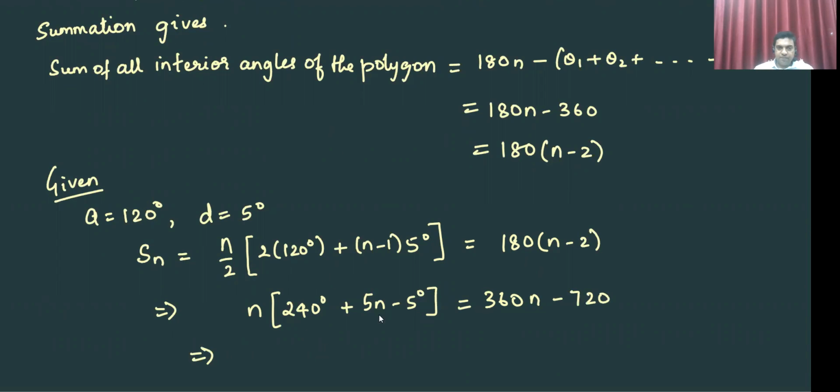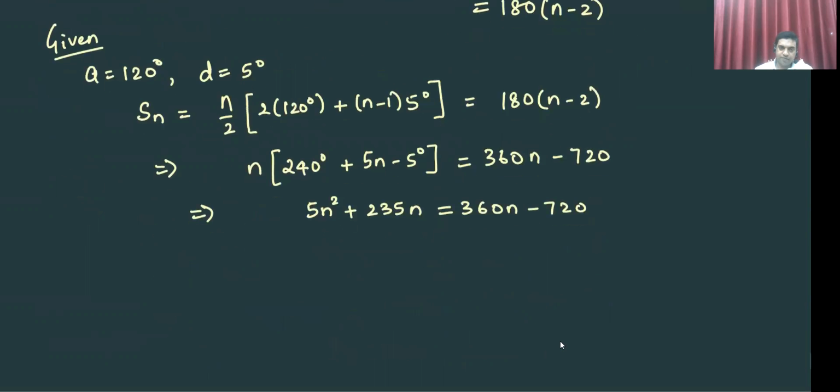So then we have 5n square plus 235n is equal to 360n minus 720. So 5n square minus 125n plus 720 equal to 0.